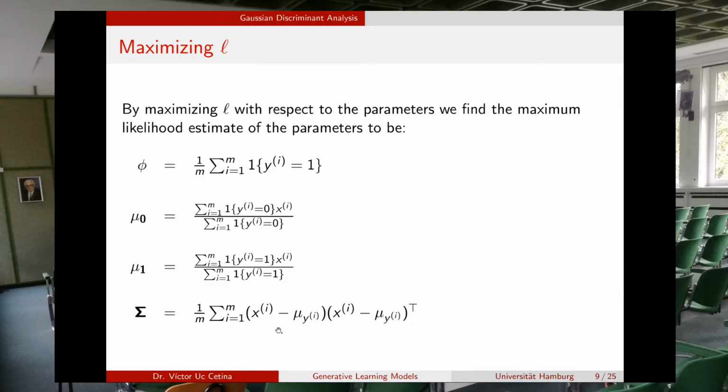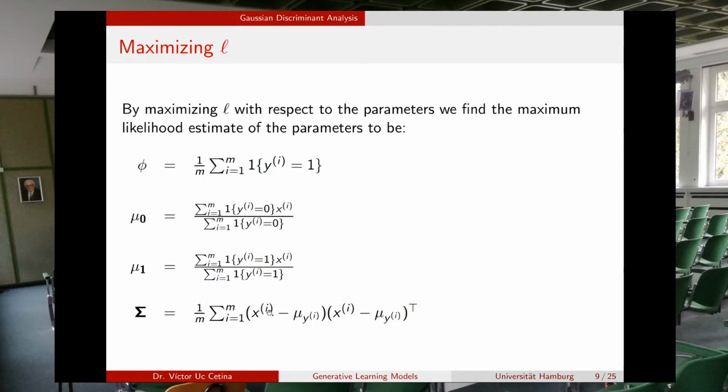Now, you should pay attention to the index. So i is the index that goes over the number of examples, from example 1 to example m. Okay, and this subindex here is telling you, okay, for an example i, you need to subtract the corresponding mean vector for that example.